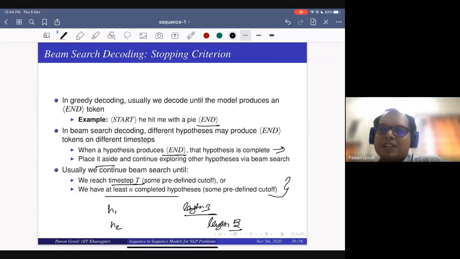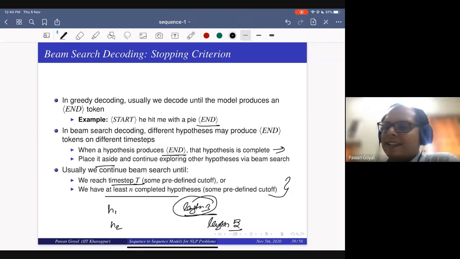One hypothesis may be smaller than the other one. What can be a problem with that? Because you are multiplying probabilities, so taking the sum of log probabilities. If you take a larger sequence, obviously this value will keep on decreasing, because every time you add some negative value to it. So the smaller length ones get a favor.